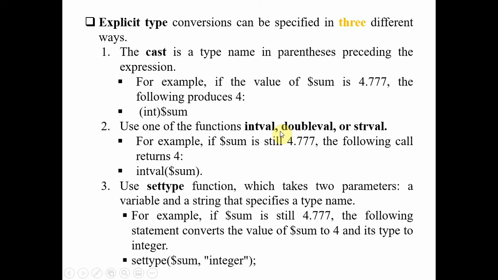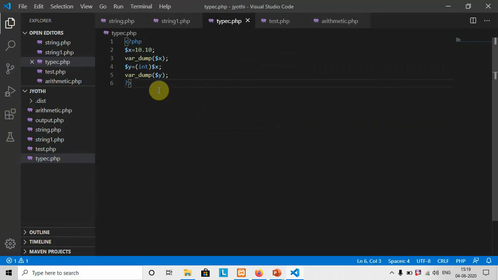doubleval, or strval. Here intval means we are taking the integer representation of this particular variable, and doubleval means the double value representation of this variable. We need to use this function intval. For the same code, I have $x is equal to x.